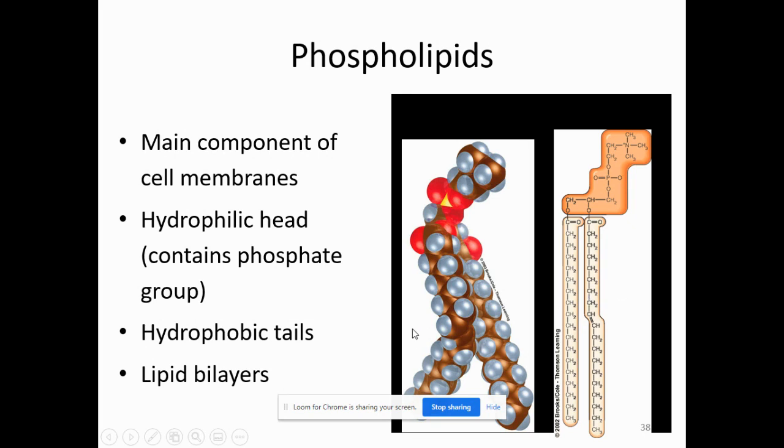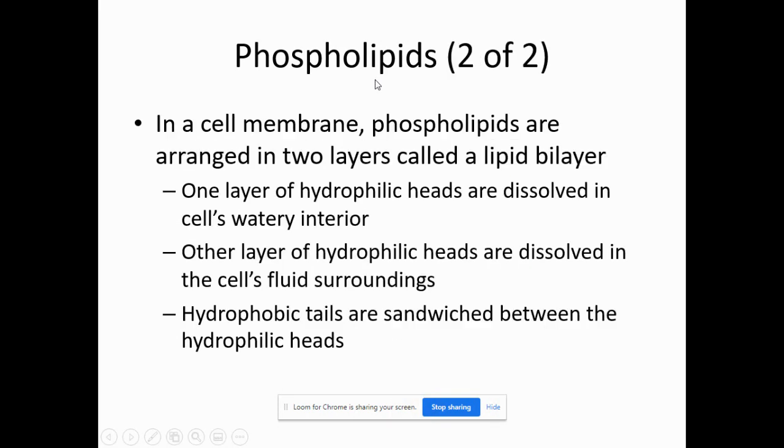This allows them to create lipid bilayers. We'll talk about lipid bilayers and the importance of cell membranes when we talk about cells and membrane transport. But those cell membranes are able to carry out their functions because of these phospholipids. In a cell membrane, phospholipids are arranged in two layers called a lipid bilayer.